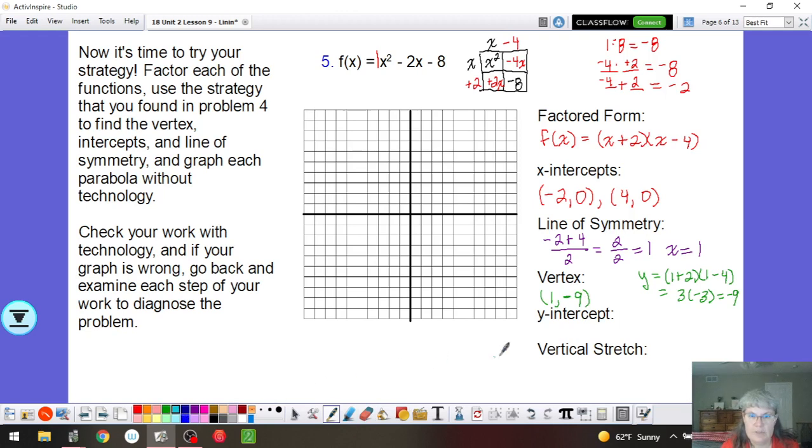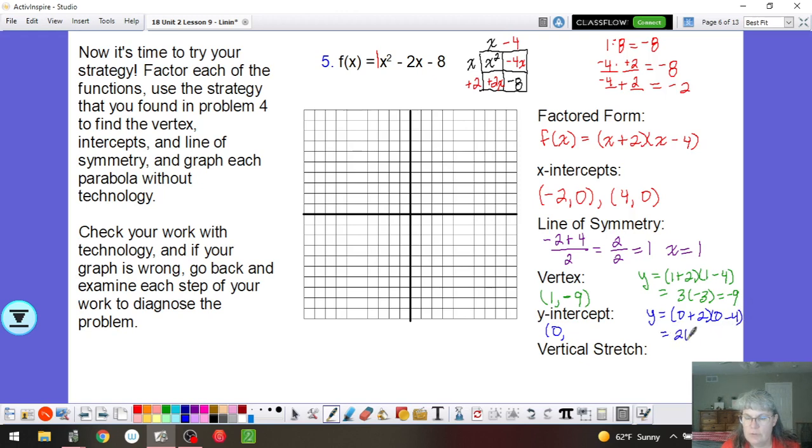For the y-intercept, we know that the y-intercept has an x value of 0. So to find the y value of the y-intercept, substitute 0 in for x. We have (0 plus 2)(0 minus 4).